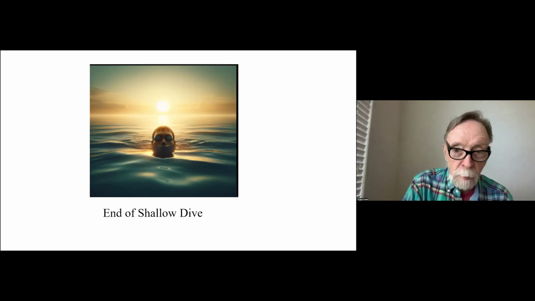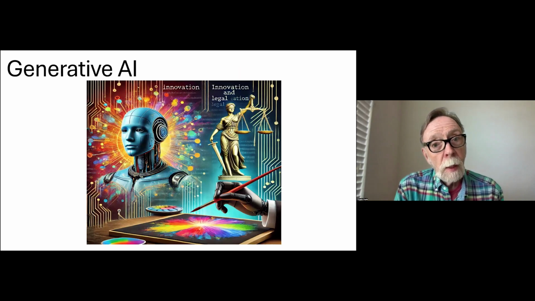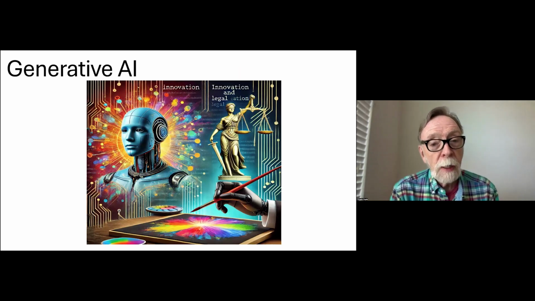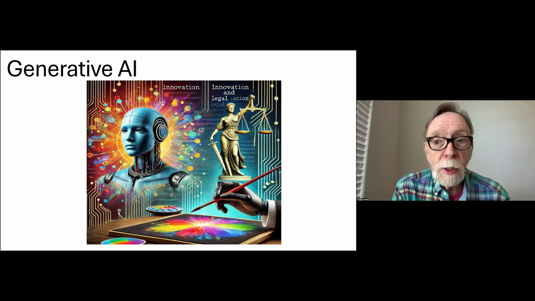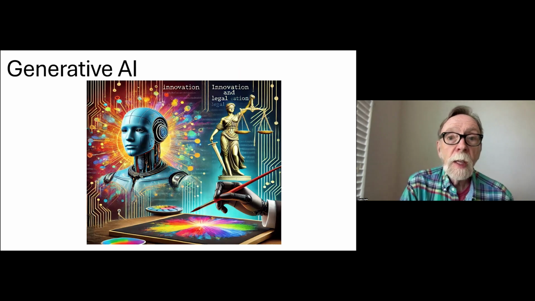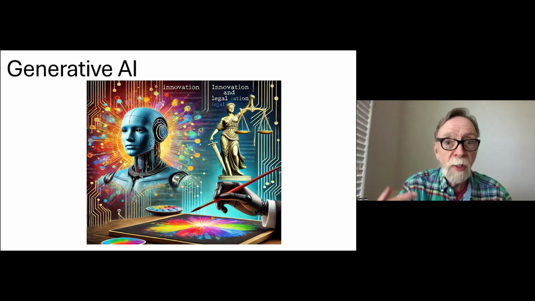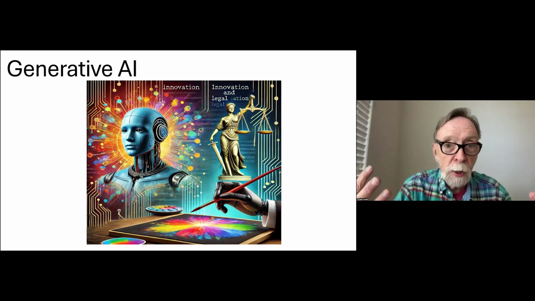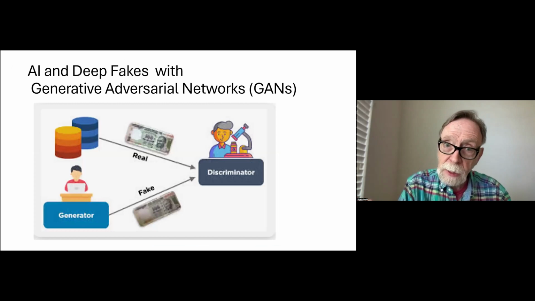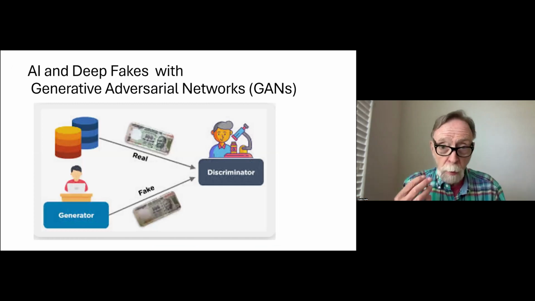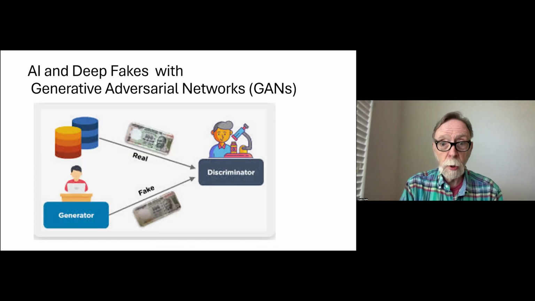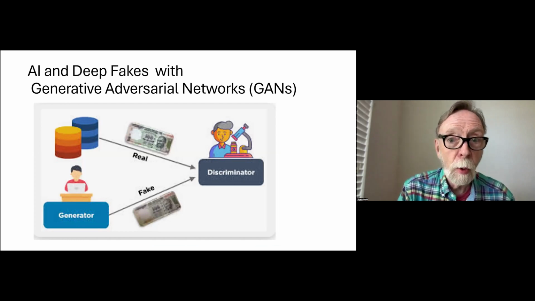Okay, now, one of the big items that is affecting the legal profession, and every profession, is the concept of generative AI, where these models are creating things, creating images, creating text, creating voice. How does this happen? There's a technology that comes out of the neural network world called generative adversarial networks.